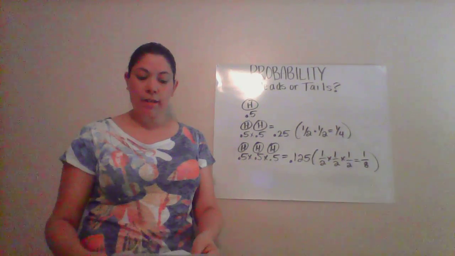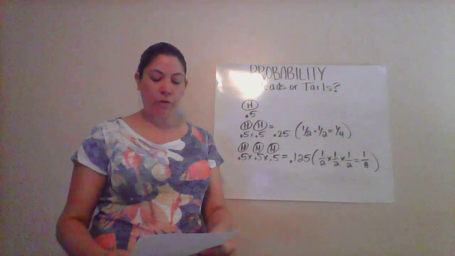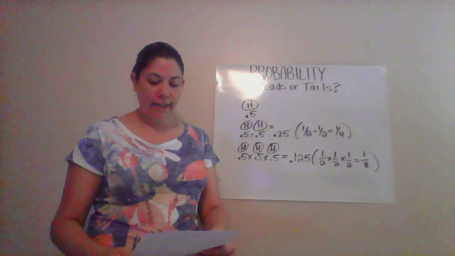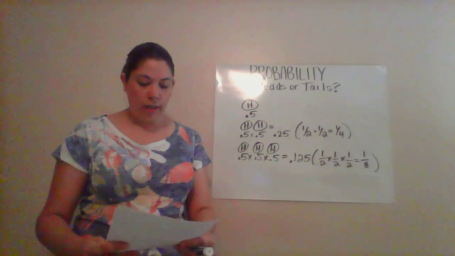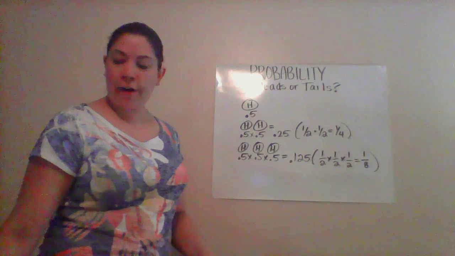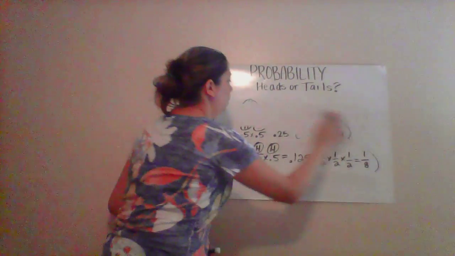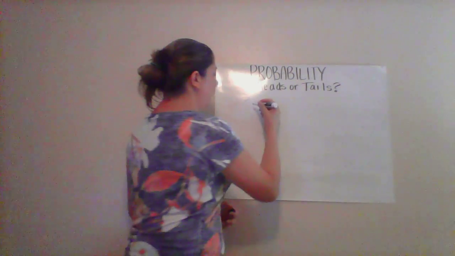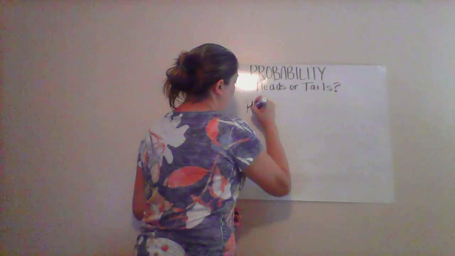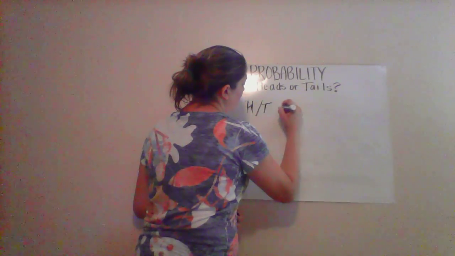There are going to be 4 possible outcomes and 2 favorable ones: heads and tails, and tails and heads. Okay, so that would mean your fraction would be 2/4, because we have heads and tails and tails and heads.